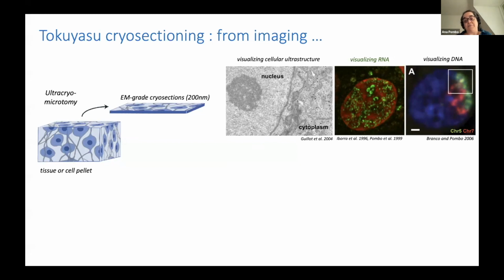However, these imaging techniques are, of course, very important and beautiful. They allow us to see specific genes and increasingly many genes in parallel. But essentially, we still need to choose what we want to look at. And as we started to discover elements of patterns, such as here in this picture, you see elements of chromosome 5 closely interacting with chromosome 7.